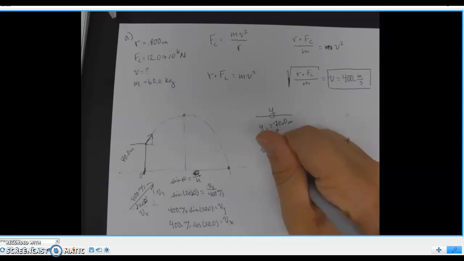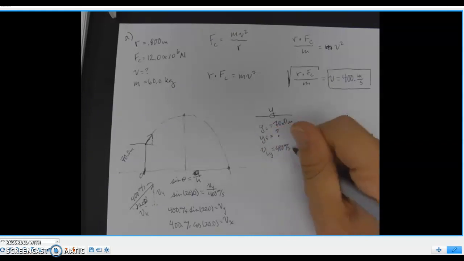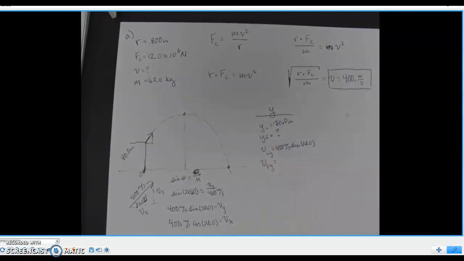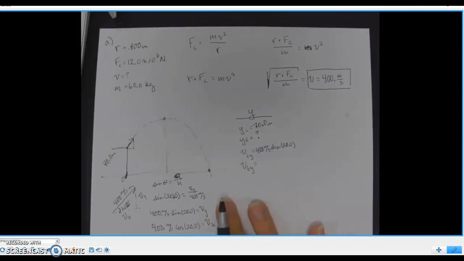Velocity initial in the y would be the 400 sine 20. Velocity final in the y. How do we know that it's the top of the arc? And this is something we commonly forget. We forget that if I throw something up into the air, there's a point at which it will stop and turn back around.